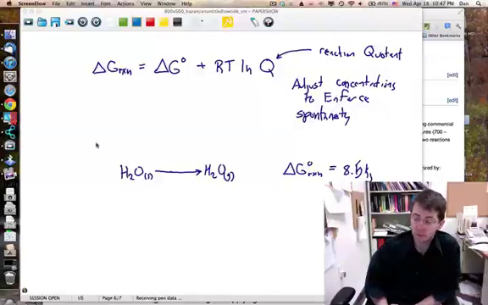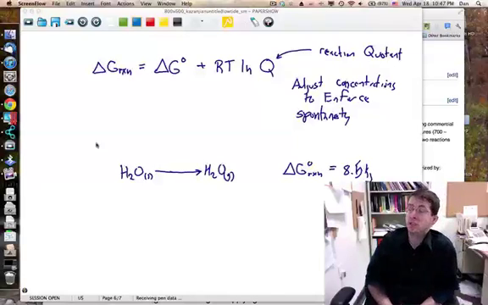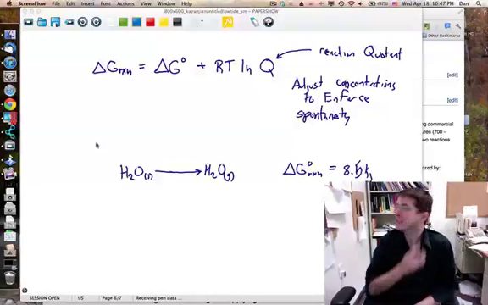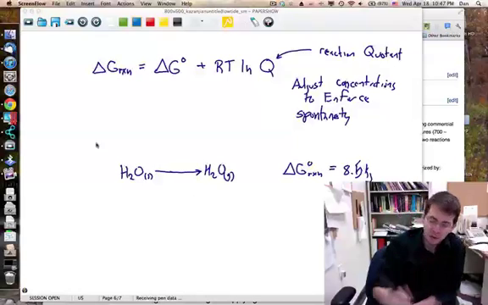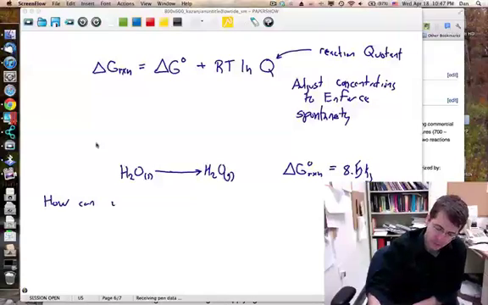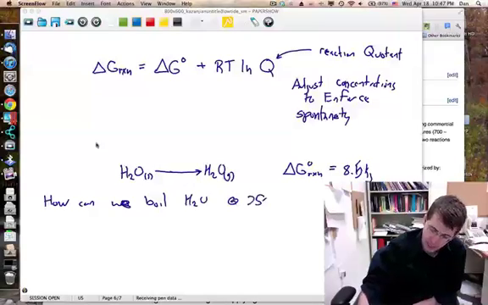We know that water boils spontaneously at 100 degrees C. Actually, we calculated that in a previous example using this same strategy that we employed on the previous slide. But let's take a look at it. Let's ask a different question. How can we boil water at 25 degrees C?